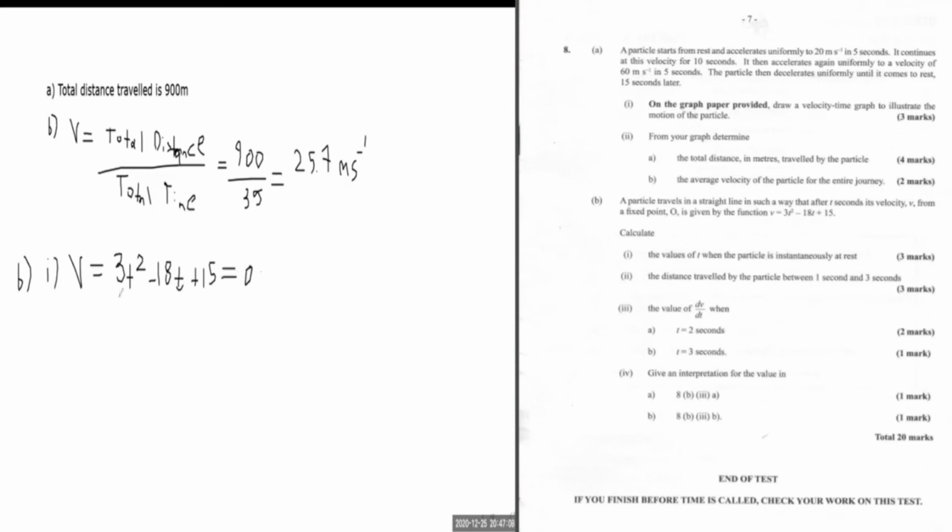Now solving this equal to 0, we can divide through by 3 to get t squared minus 6t plus 5, and that's equal to 0. Now we can factorize this.